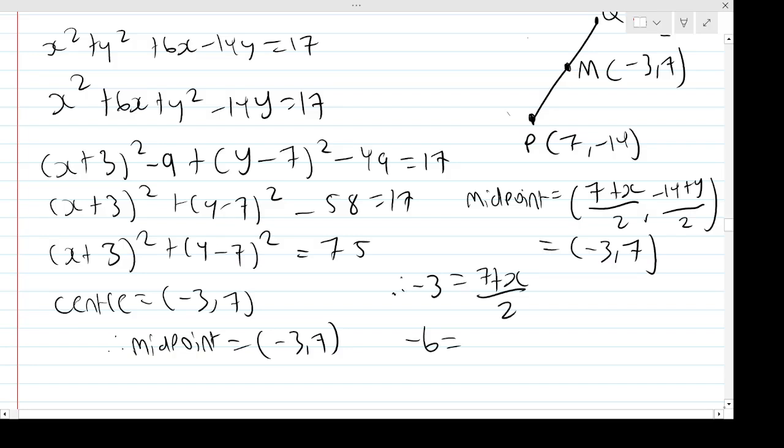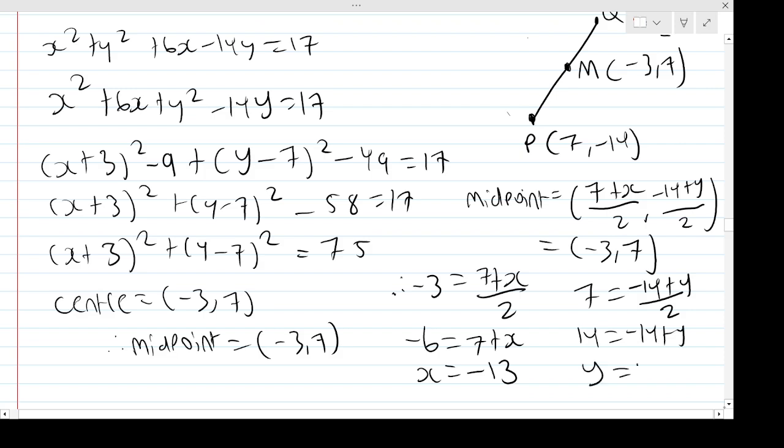Therefore, minus 6 is 7 plus x, and so x, if I subtract 7, would be minus 13. And likewise for the y component, 7 is equal to (minus 14 plus y) over 2. Then 14 is minus 14 add y. If I then add 14 to both sides, I therefore get that y is 28. Cool.